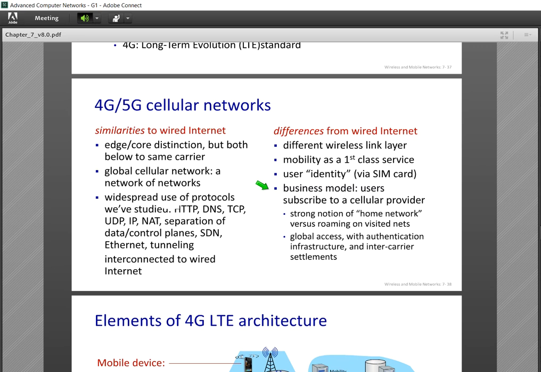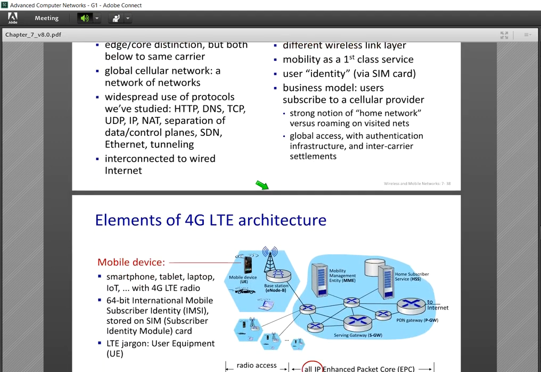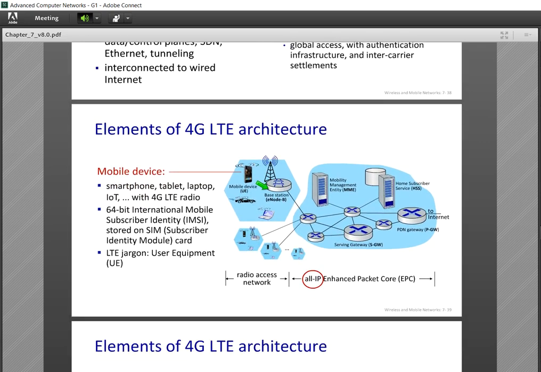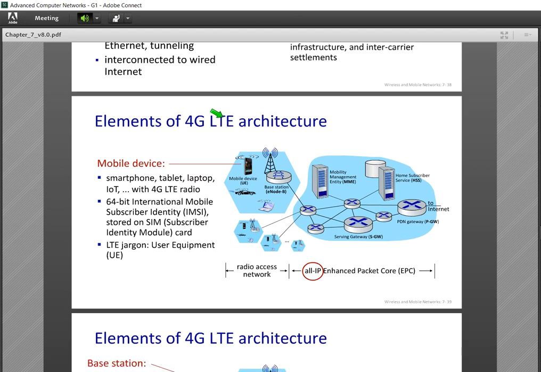So the technology used in wireless cellular networks is completely different from the technology used in wired environments, wired internet. Okay? So in 4G technology, when we say that I'm using LTE technology, we have some elements.